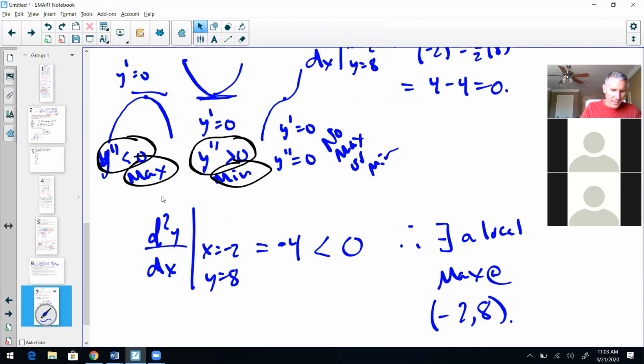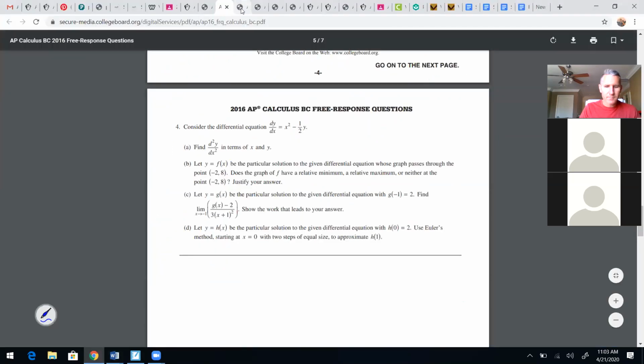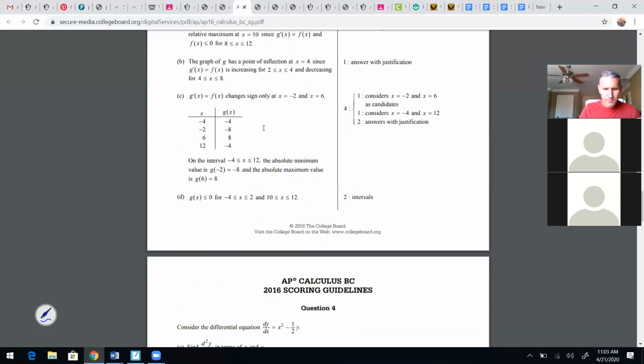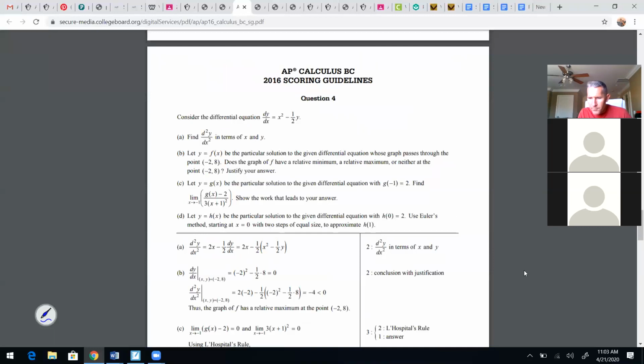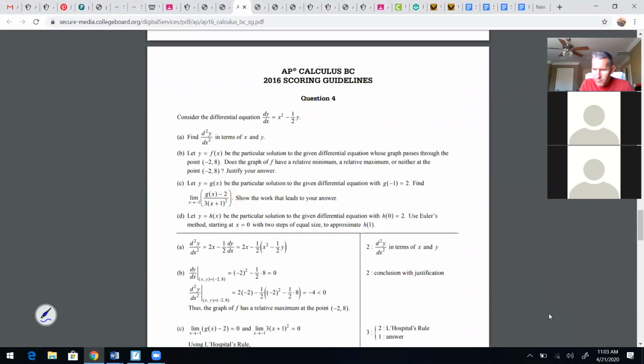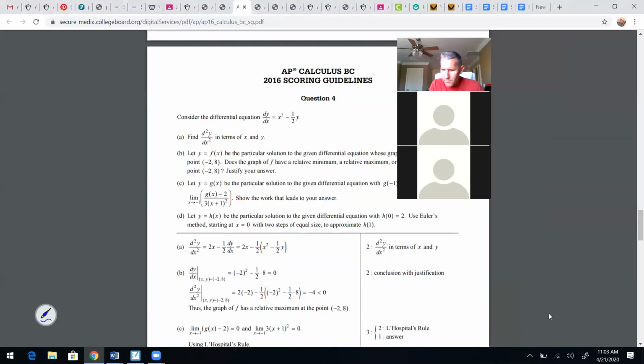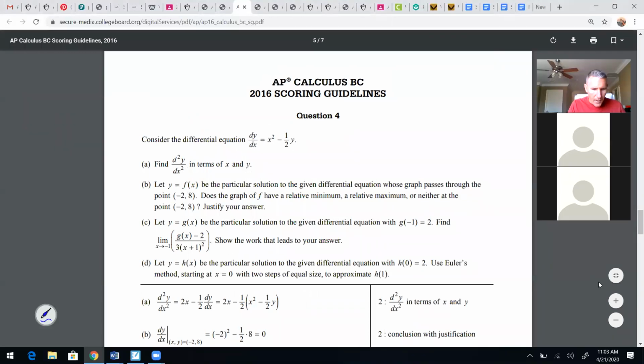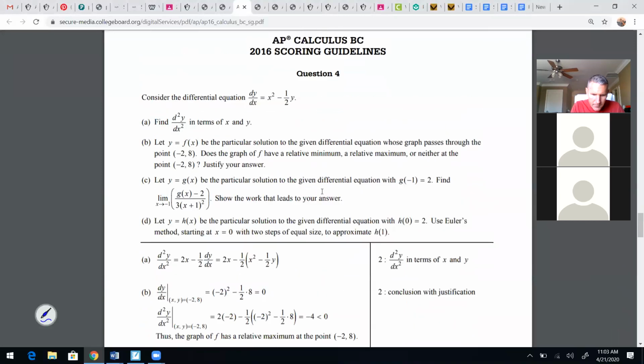Let's see for parts A and B what they have on the scoring guidelines. For A, the second derivative of y with respect to x in terms of x and y is equal to that, which is what we got.